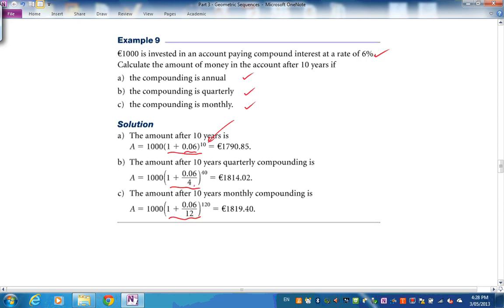If you do it quarterly, adjust the ratio of growth, and how many quarters in 10 years? 4. And then monthly, you've got to change the ratio there and the number of months. All right, so very common with the sequences, with the exponential function work.